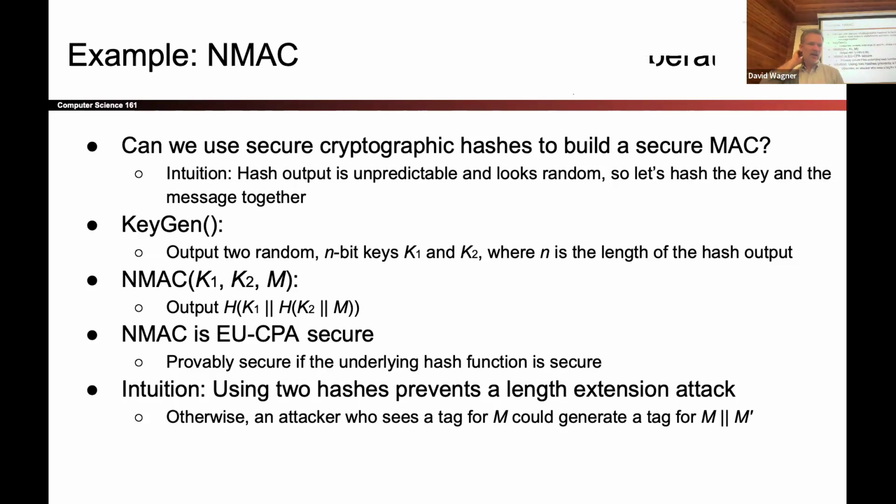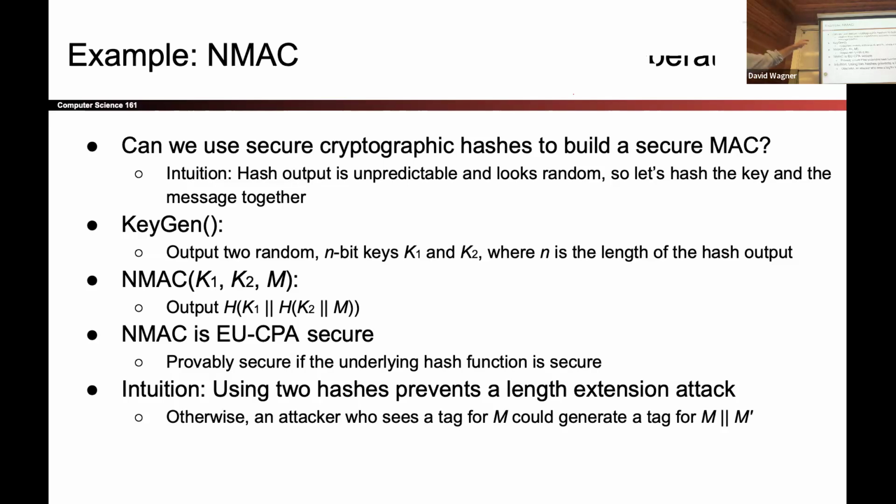So that scheme is called NMAC. And there's a mathematical proof that this is EU-CPA secure if the underlying hash function is good in some appropriate notion of good. So this is one way that from a hash function, you can build a message authentication code.